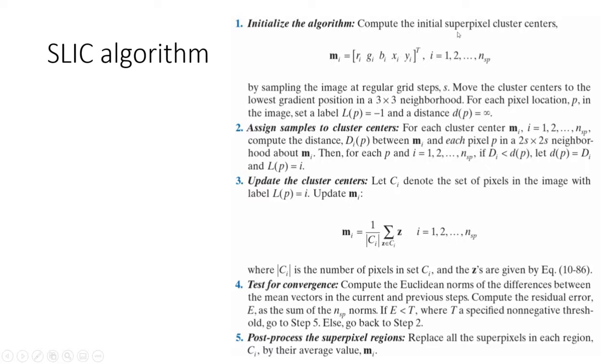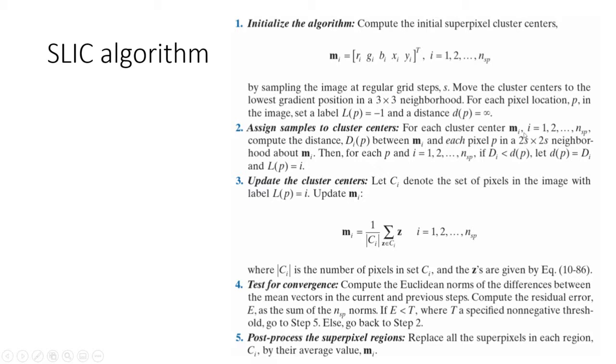So you initialize the algorithm, compute the initial superpixel cluster centers by sampling the image at regular grid steps, as explained. Then that's just a technicality, you're going to move the cluster centers to the lowest gradient position in a 3x3 neighborhood. Then you're going to assign samples to cluster centers, similar to what K-means does.